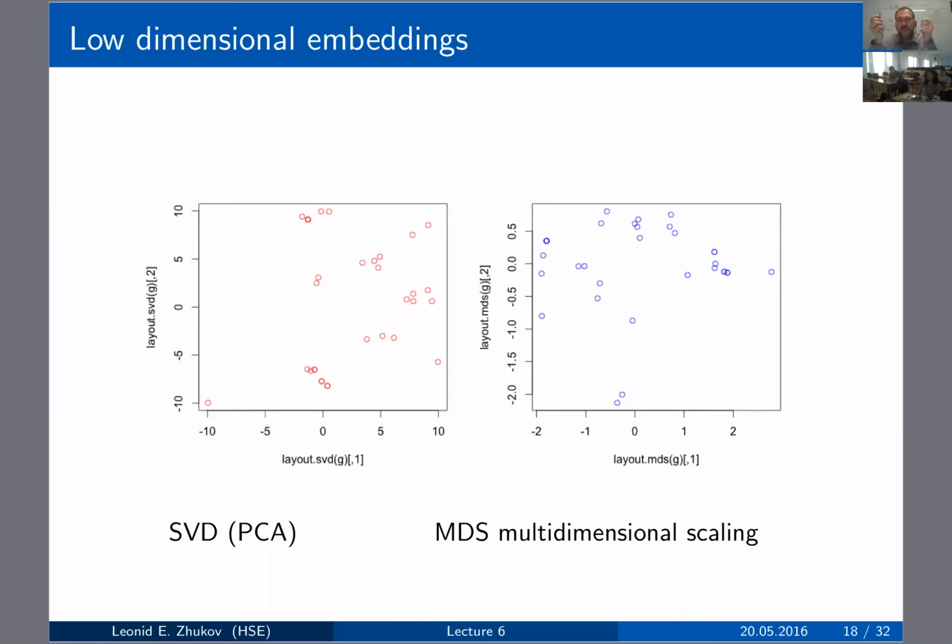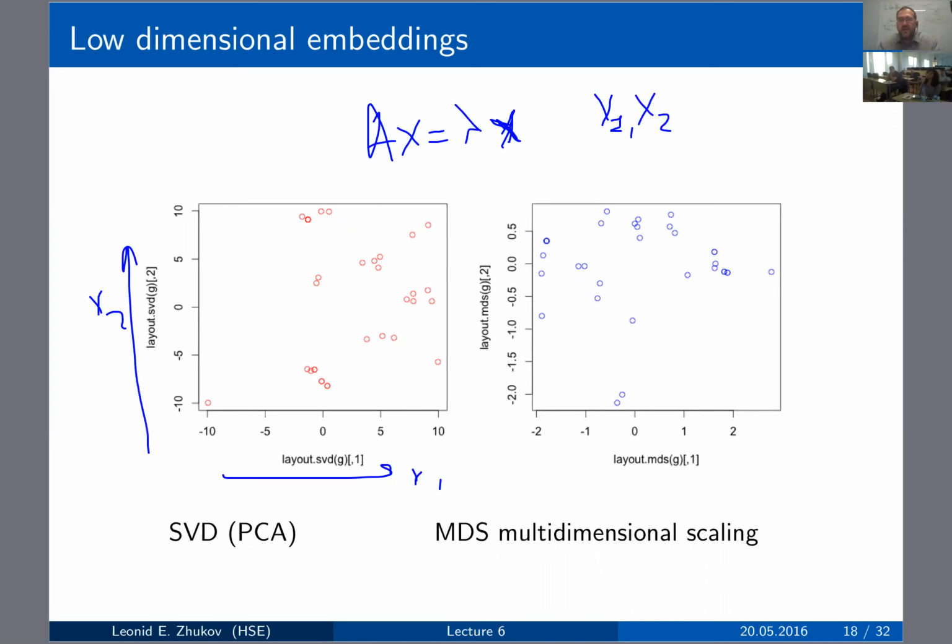You decompose your matrix into eigenvalues and eigenvectors. If the matrix is symmetric, you solve something like AX equals lambda X, which gives you a lot of eigenvalues and eigenvectors. Then you take the top two eigenvectors, x1 and x2, and use the values given in those eigenvectors as coordinates in this two-dimensional space.